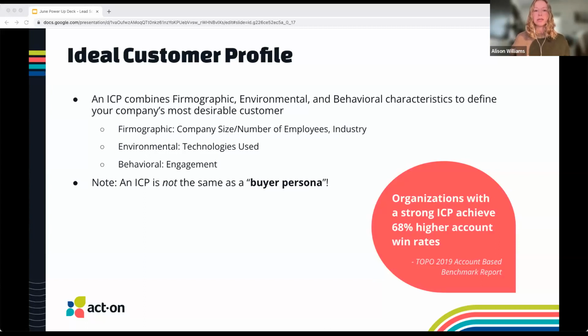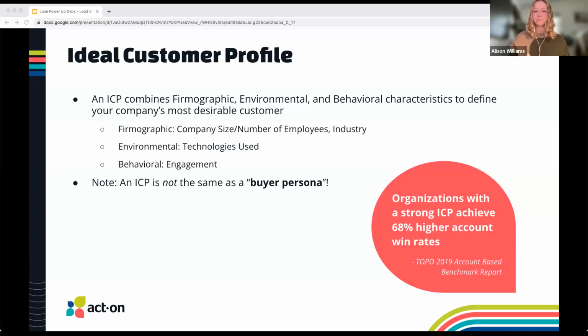Environmental could include things like what types of technologies that organization uses, and behavioral ties back into engagement with your marketing materials, which we touched on briefly already. And organizations with a strong ICP achieve 68% higher account win rates, according to the TOPO 2019 account-based benchmark report. So really taking the time to develop these can have a huge impact on your success.